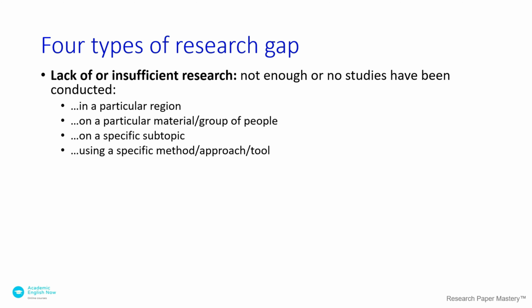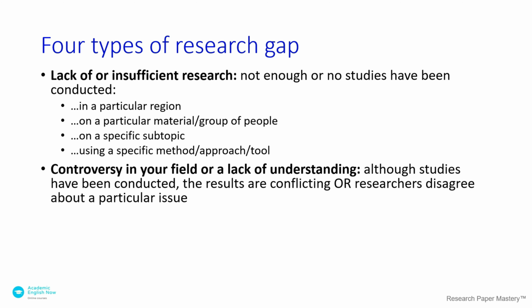Usually it's insufficient research. Now, the second research gap can be controversy in your field or a lack of understanding, right? So in here, even though studies have been conducted, the results of these studies are conflicting or researchers disagree about a particular issue. And that's where you're going to enter the stage and solve this disagreement.